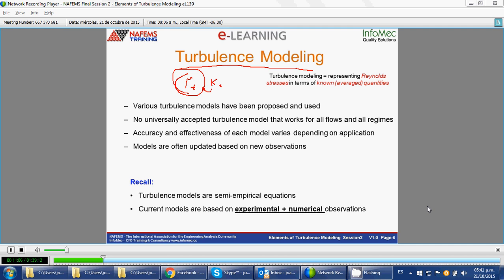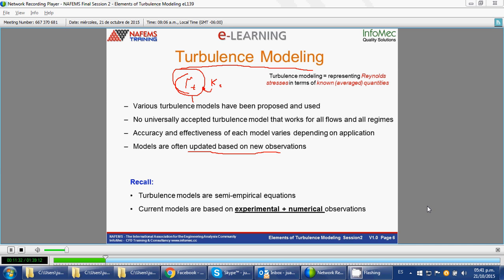Unfortunately, there are a number of different turbulence models that have been proposed and used. None of them are good for all kinds of flows and all flow regimes. Each one has its own effectiveness for different types of flows. We have often updated them, and there are many different versions of any of these models out there.